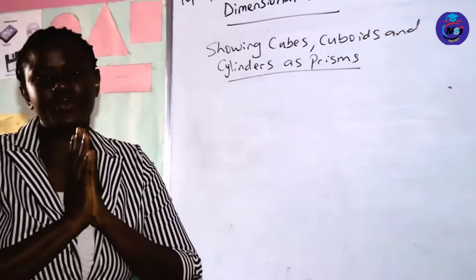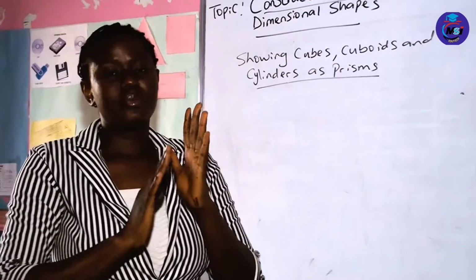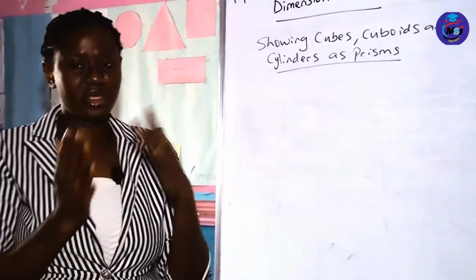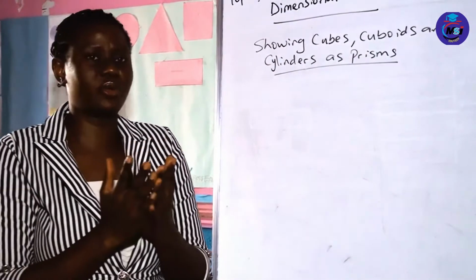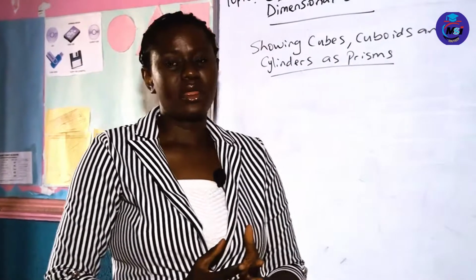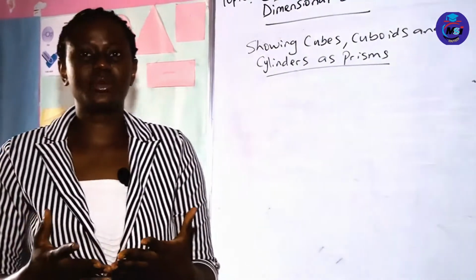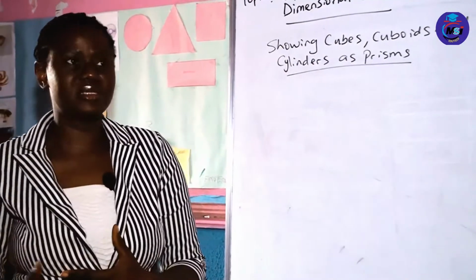Okay, the next topic we want to talk about: cubes, cuboids, and cylinders. We want to show that they are prisms. In one of our topics in Module 3, we talk about the pyramid, we talk about the prism.